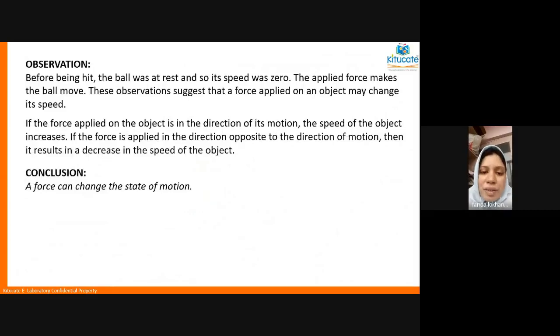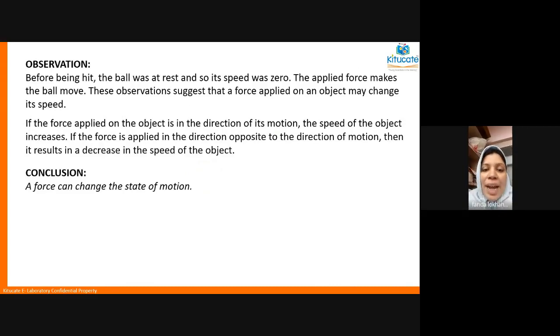So, this is what you observed. First, initially the ball was at rest. The speed of the ball at that time was 0. When you applied the force, the ball started moving, and so the force made the ball change its speed. From 0 speed, it came into 1 speed, 2 speed, whatever. So by force, you changed the speed of the ball, you brought it into motion.